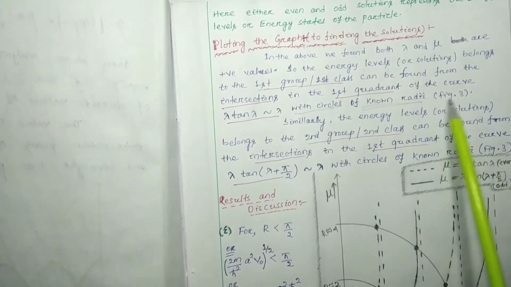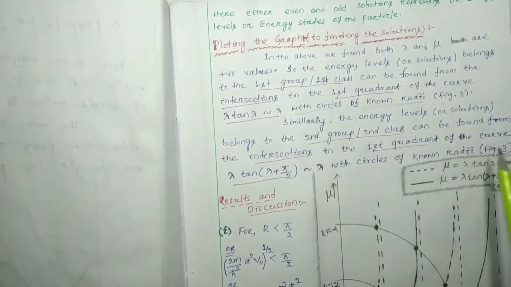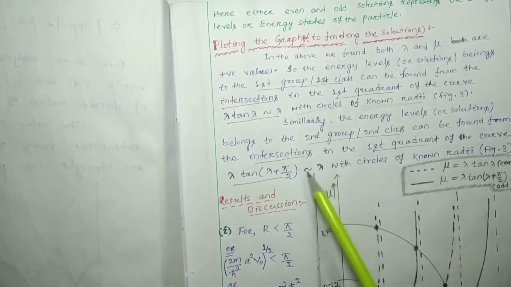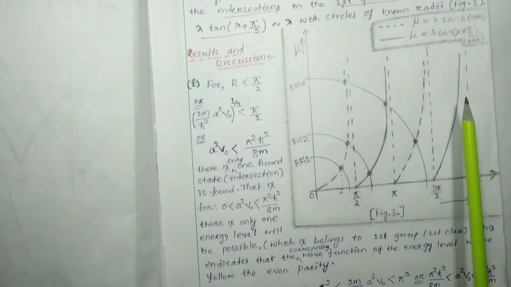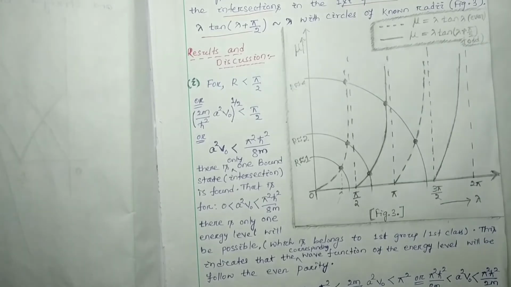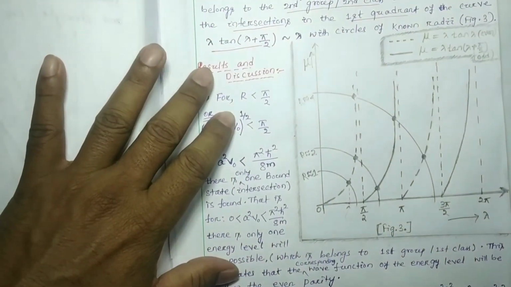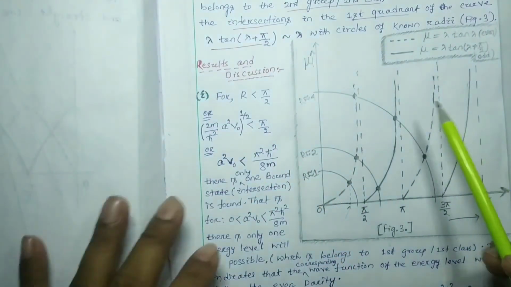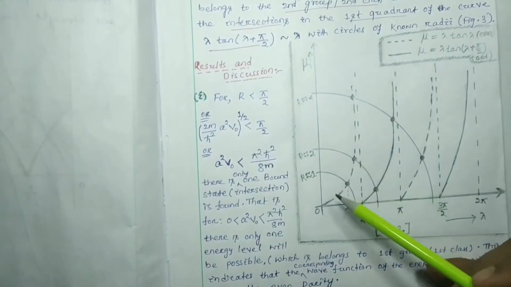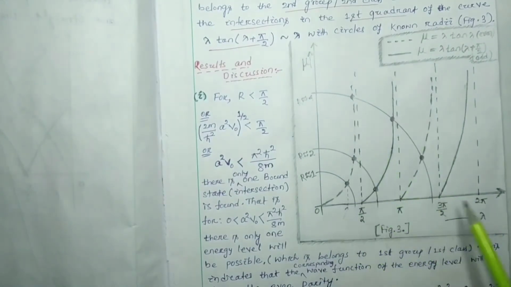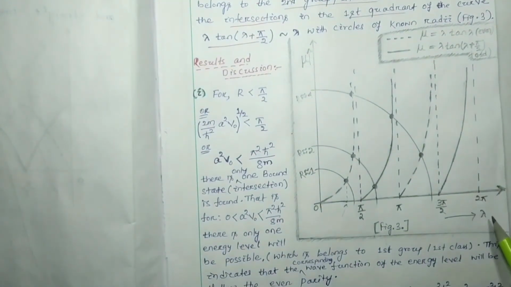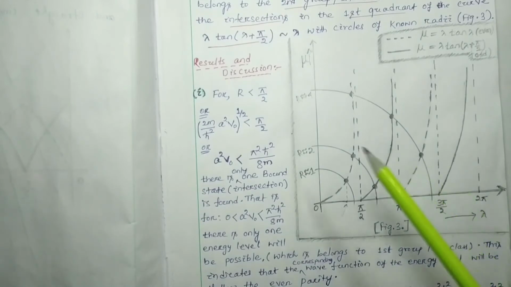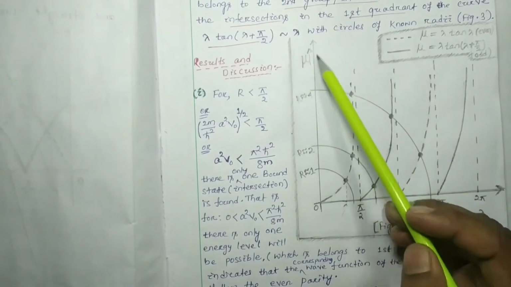In figure 3 these things have been represented. You have to draw this figure carefully, and I am going to explain what you have to draw exactly. This is the dotted line. First, along the x-axis we take lambda, and along the y-axis we take mu.